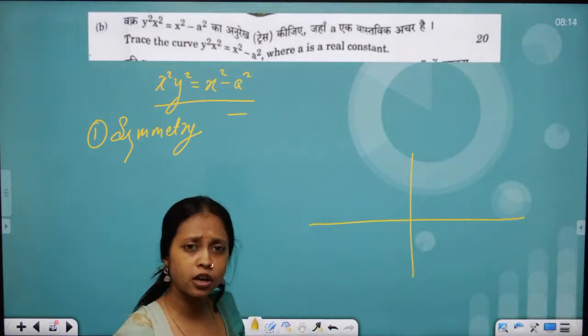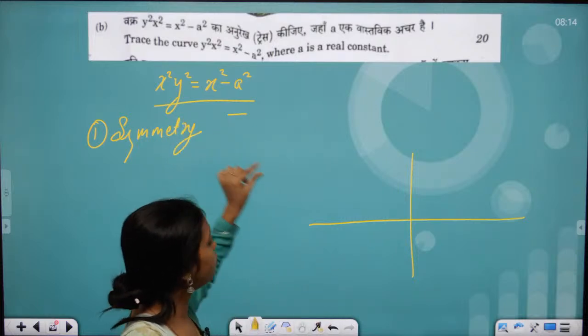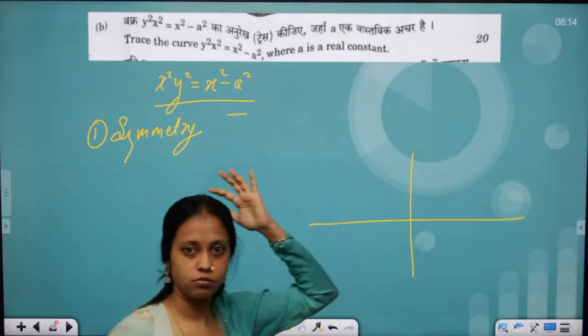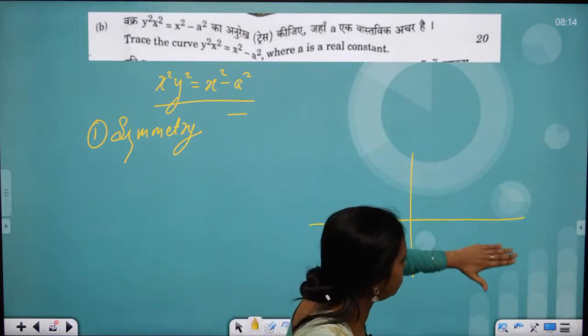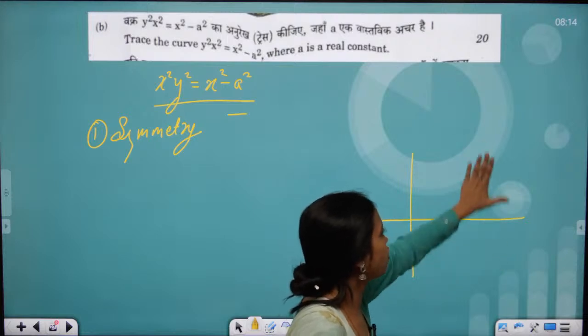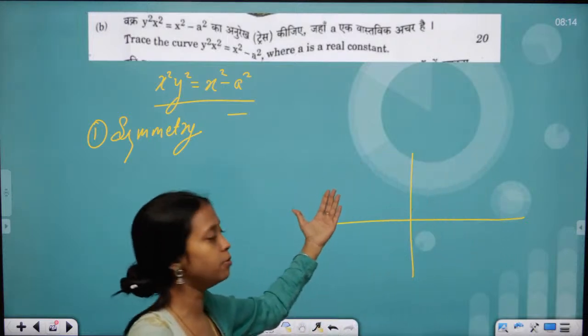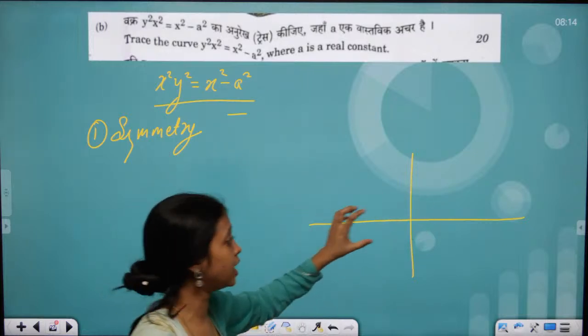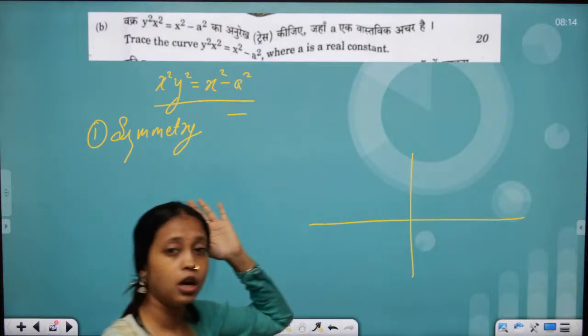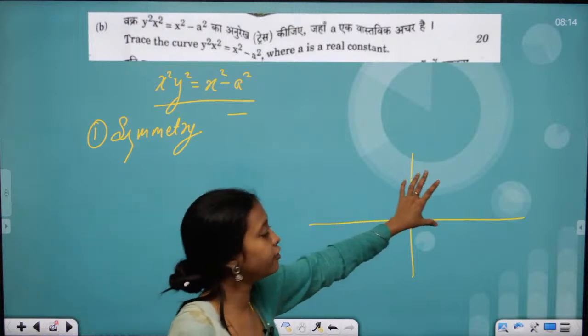All you need to figure out is how your curve looks in the first quadrant, because whatever it is in the first quadrant, you can make the mirror image, and whatever you have obtained in the first and the fourth, you can again make a mirror image, and the job is done. So the first point, symmetry, says work on only the first quadrant.